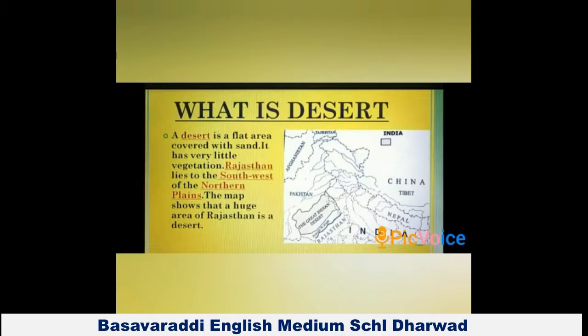It is made up of rocks and sand. It covers most of Rajasthan and includes Haryana, Punjab and Gujarat.